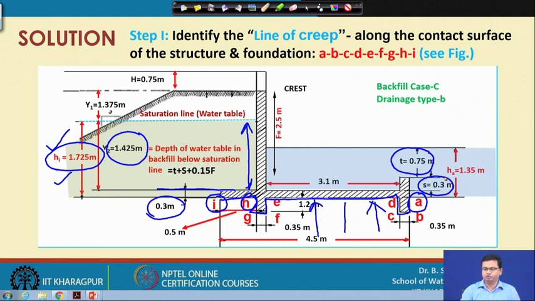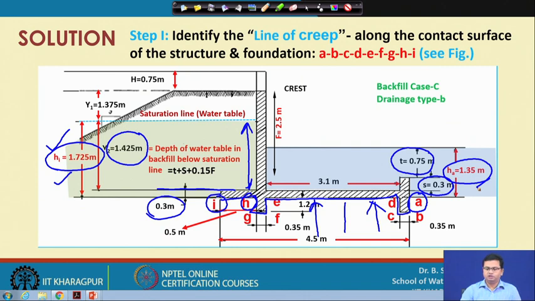So, we will get 1.35 meter. So, the water pressure above point A will be H A equal to 1.35 meter into gamma W, that is 1000 kg per meter cube, the specific weight of water.